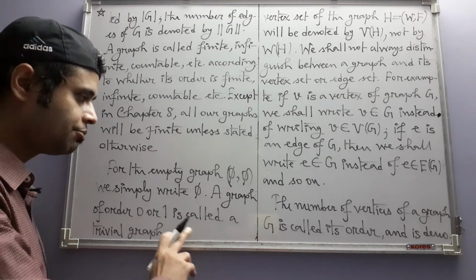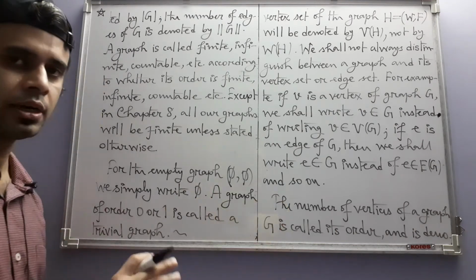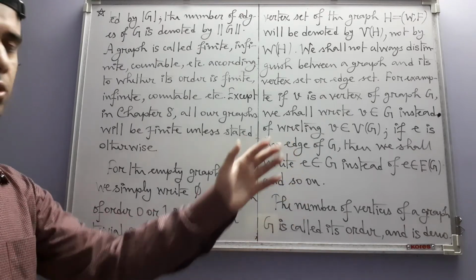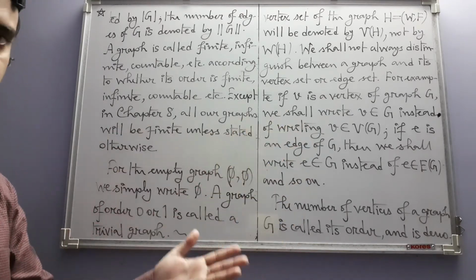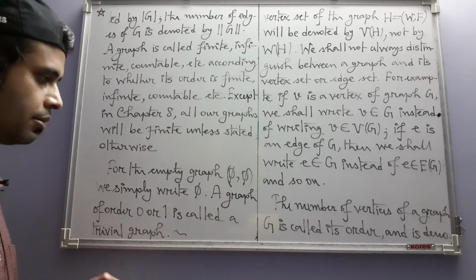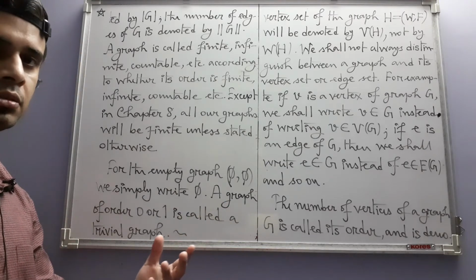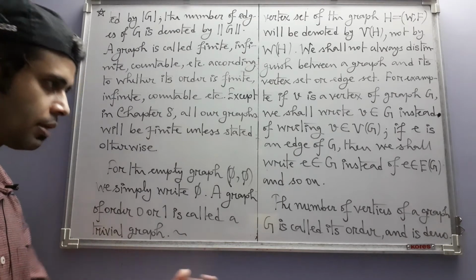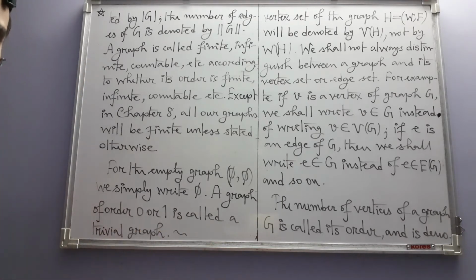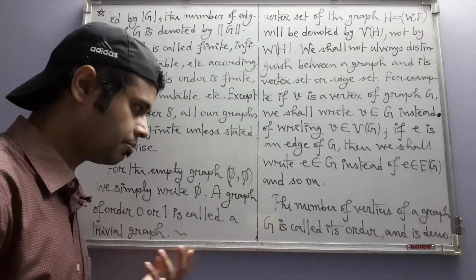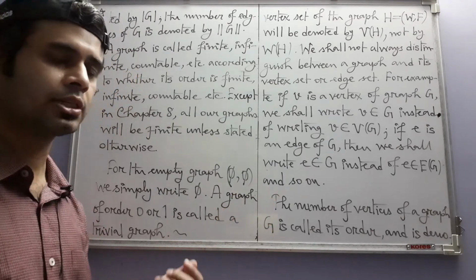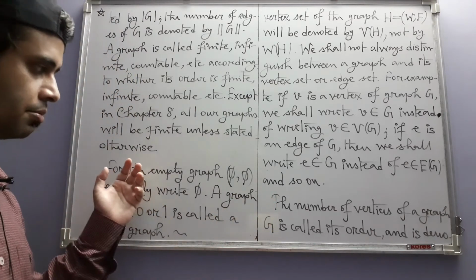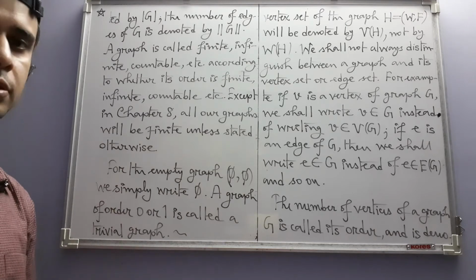Otherwise, all the results will have to be supplied with unnecessary non-triviality conditions, say something happens for this class of graphs, provided it's not trivial.